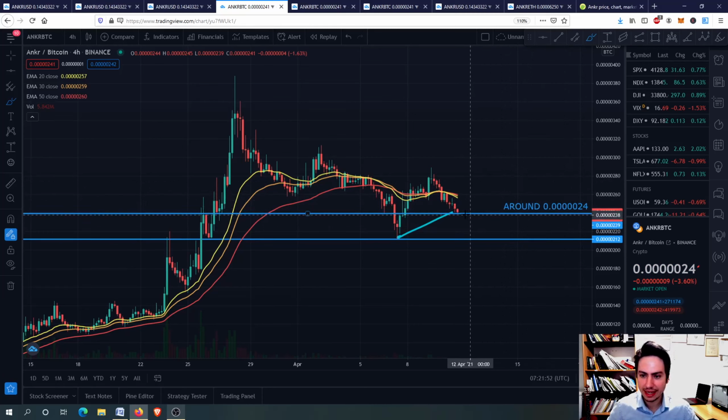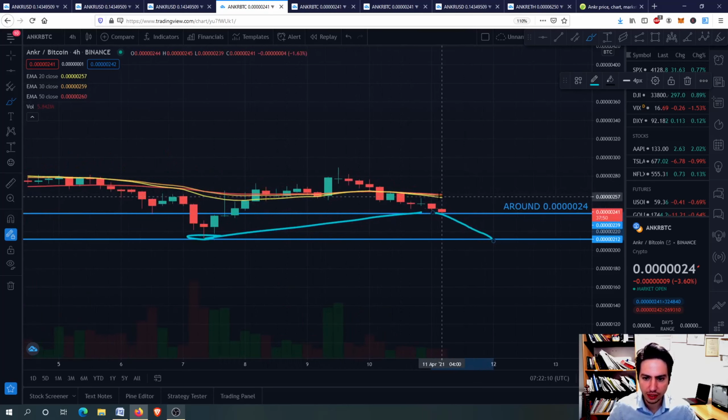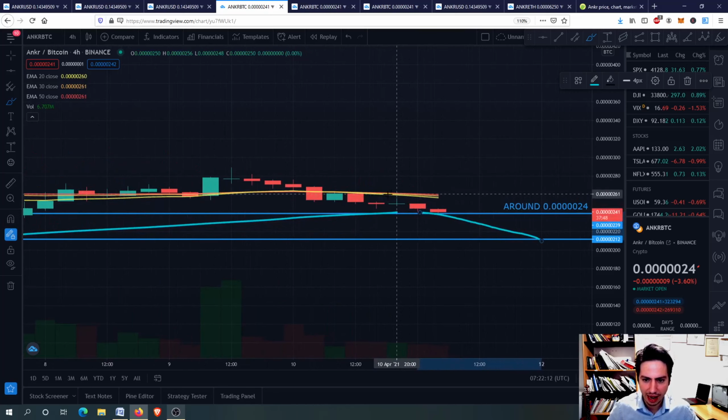We're going to maintain the support line here, otherwise we will fall again down to this support line, which sits at 0.50 12. Okay, so right now we need to maintain this level, but the cross here, the 50-day moving average, is again going above the 20-day and 30-day. Look how close they are.